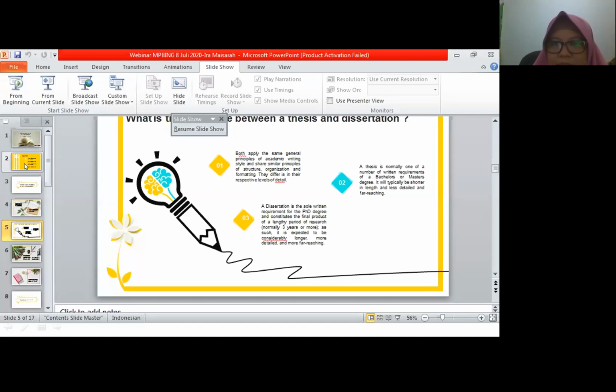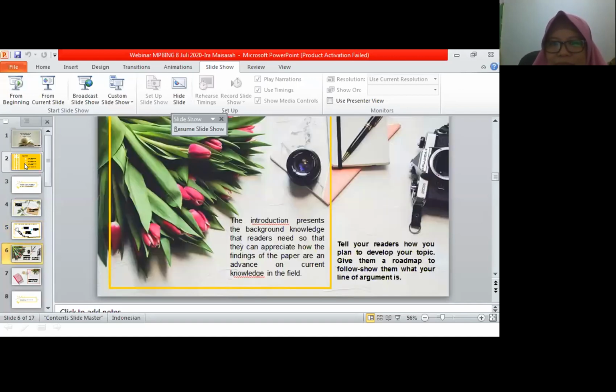But mostly we can conclude that the introduction itself presents the background of the knowledge, and we have to tell the readers, so the readers will not get confused when we discuss later in chapter 2, or what we have discussed previously with Dr. Lan about the literary studies, because they have connections with each other.